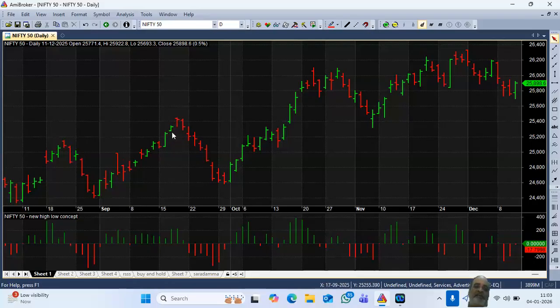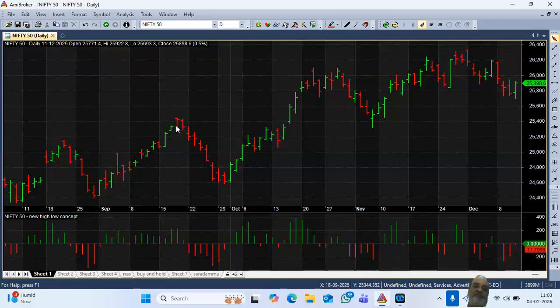And on the next day, you can see that a small bar appeared. Here the open itself is low, and high and close are very near to one another, but still the range is not that good. That is the first point of suspicion.